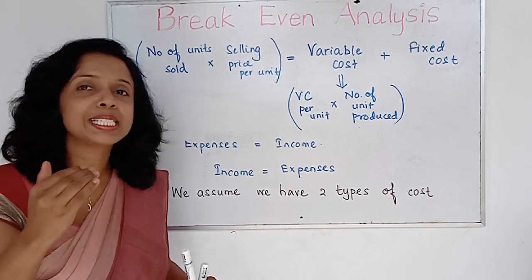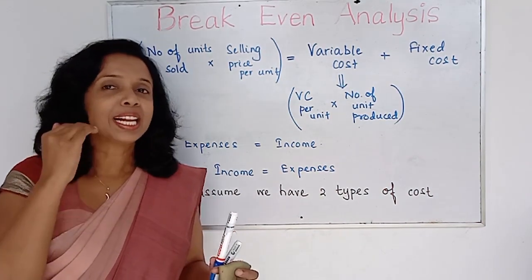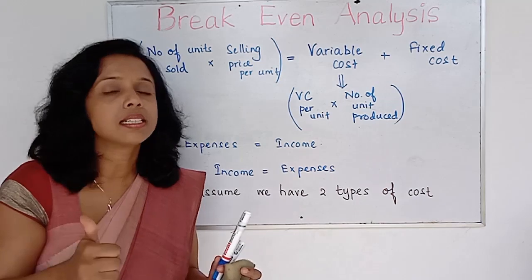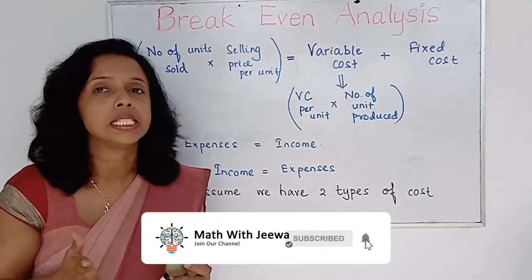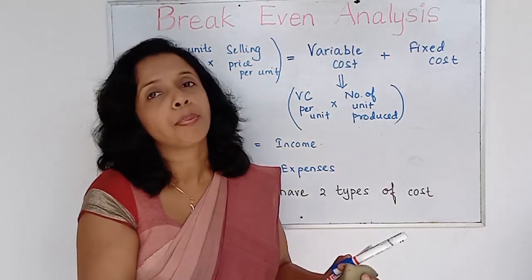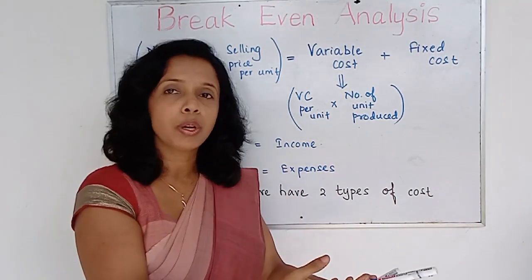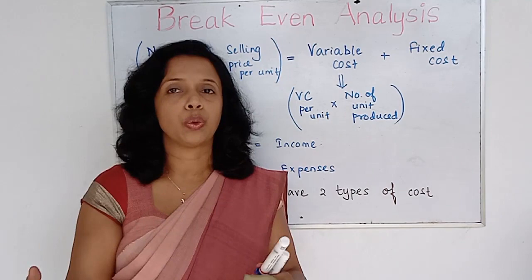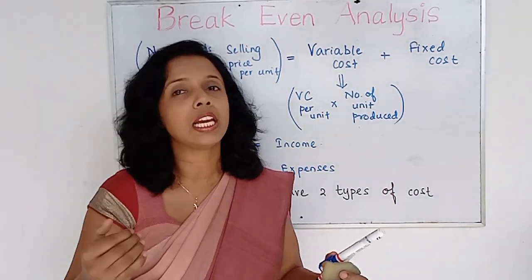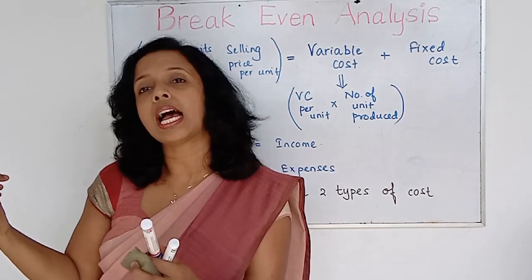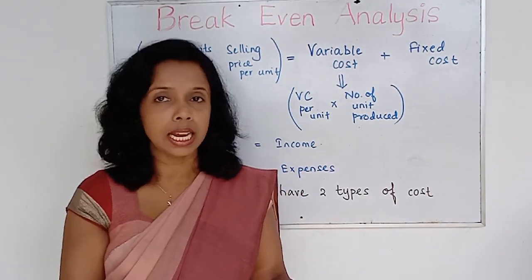Now the second assumption comes into the picture. My second assumption is, I don't have any stocks. That means whatever the number of units I produce, I sell it. So the number of units I produce is exactly equal to the number of units I sold. That means I don't have any stock.